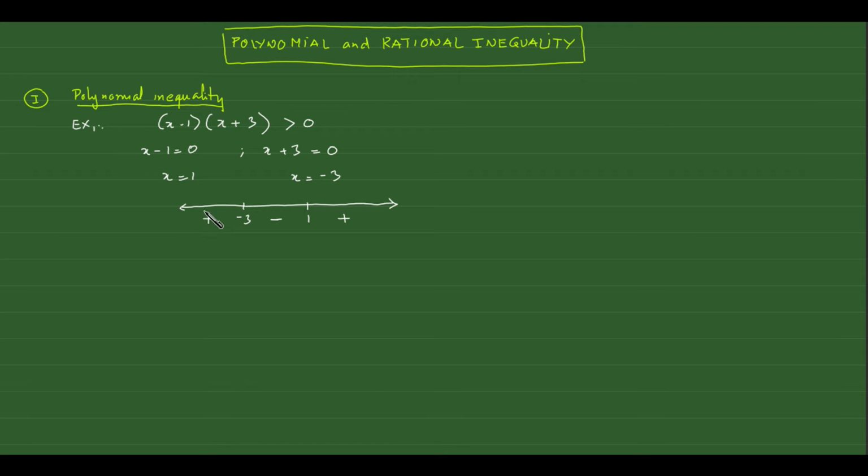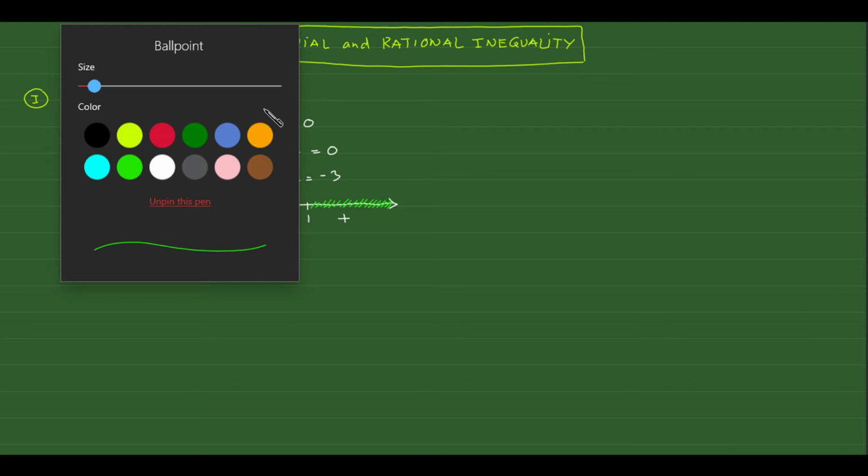So it means that we're going to take the positive ones, because they satisfy this inequality sign here. Okay, so the final answer will be what?